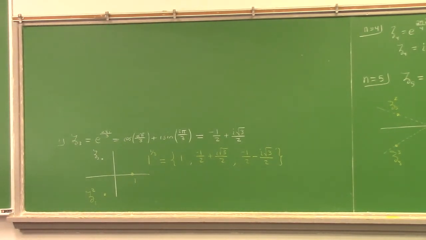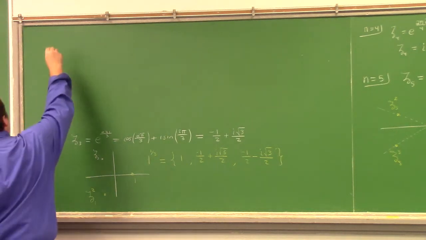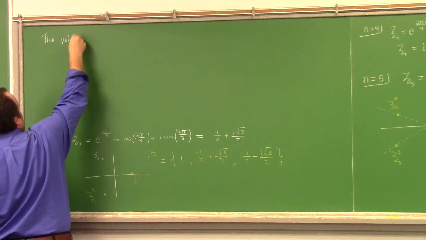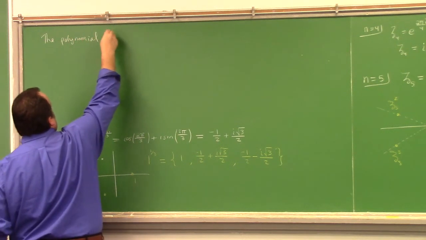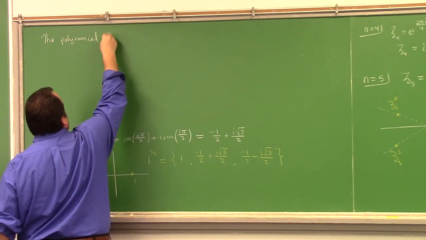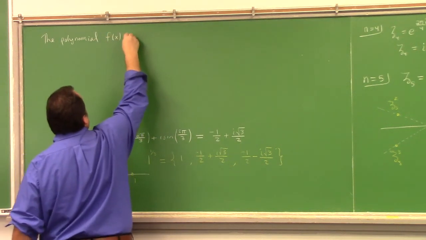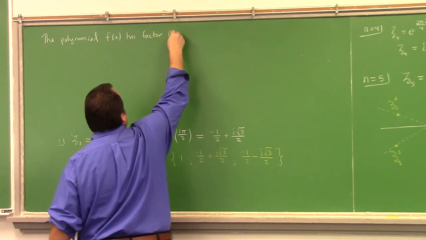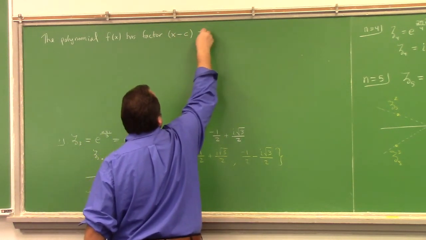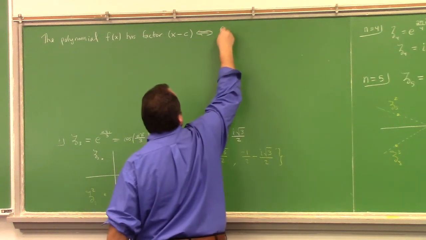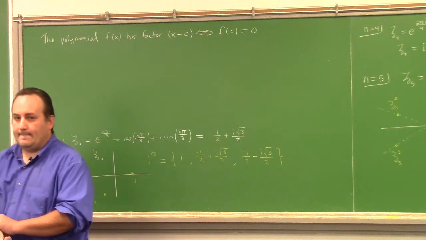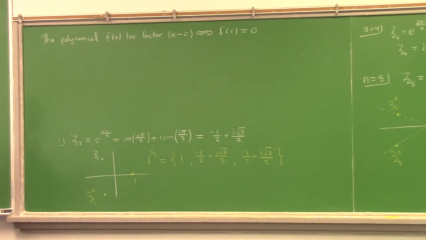The factor theorem said that the polynomial f of x has factor x minus c if and only if f of c is 0. So every 0 gives you a factor, and vice versa.